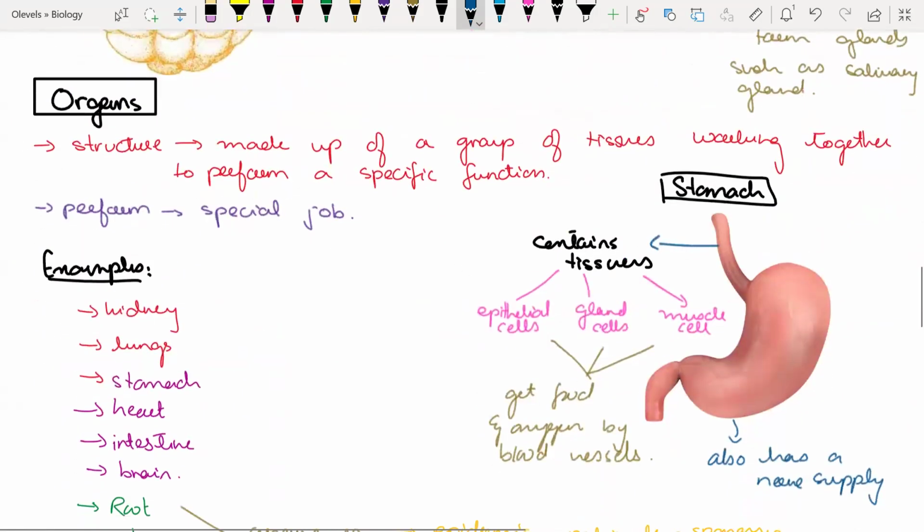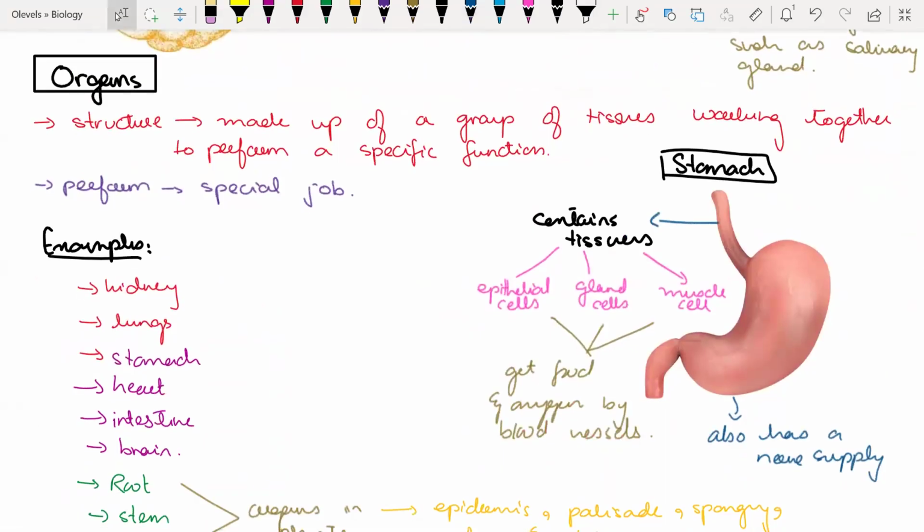Then we have to move towards organs. Now, what are organs? These are structures made up of groups of tissues that work together to perform a specific function.